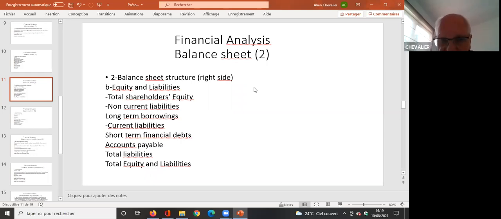This is very clear in the US. If you have a look at what's happened in the US, globally, not just the large firms but all firms, about two-thirds of long-term borrowings are provided by bonds issued in the markets, and only one-third by the banks.